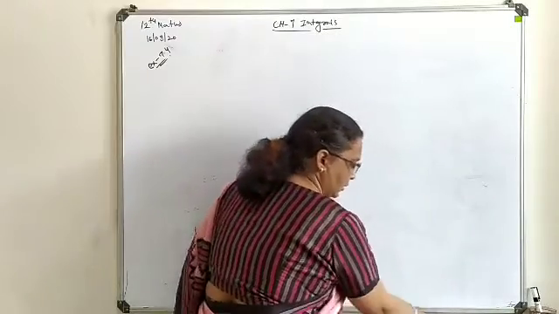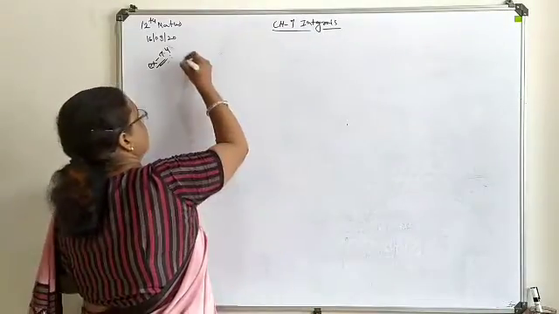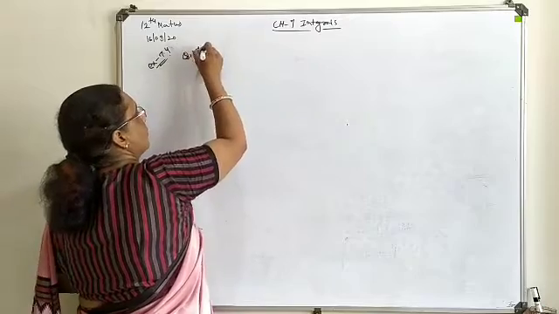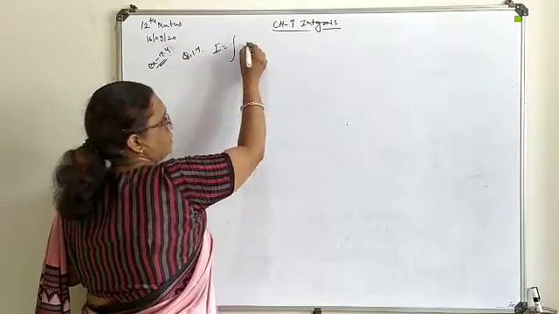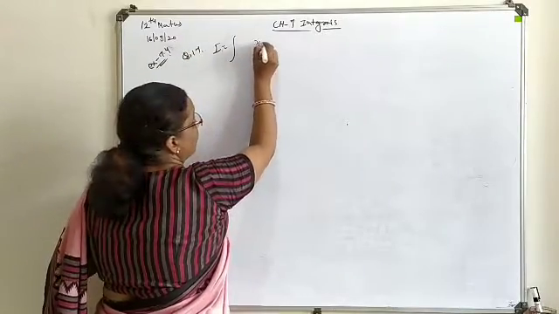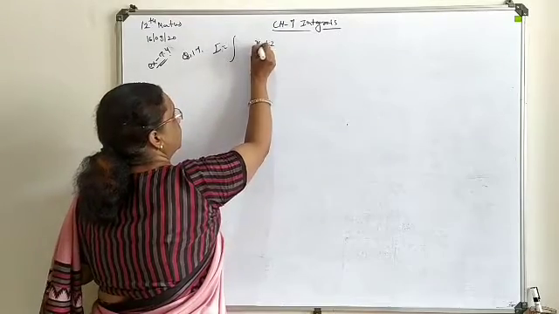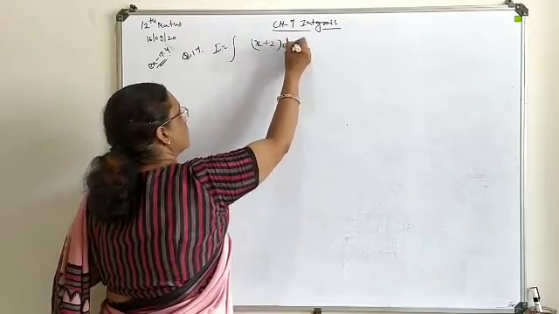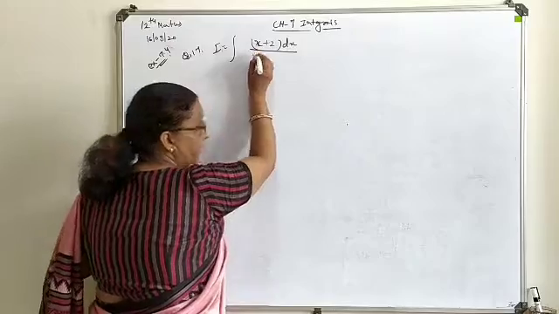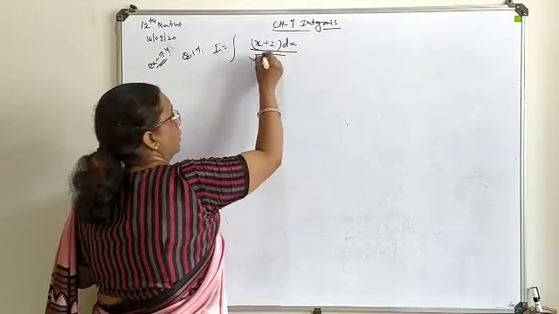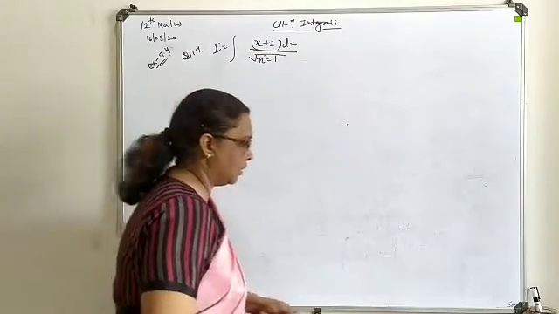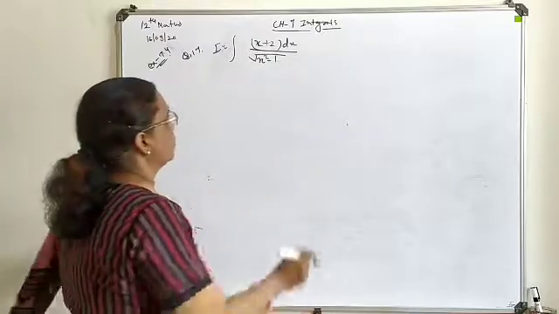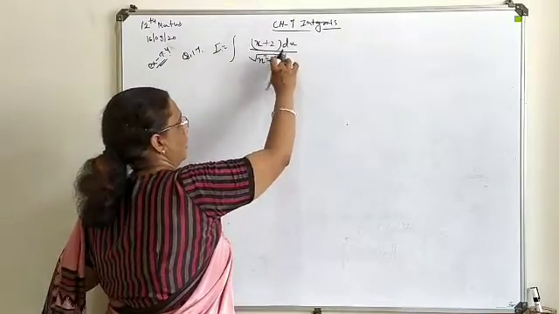In 17.1, the question is given as numerator x plus 2 and denominator carrying a square root term as x square minus 1. Now this is to be solved for integration.